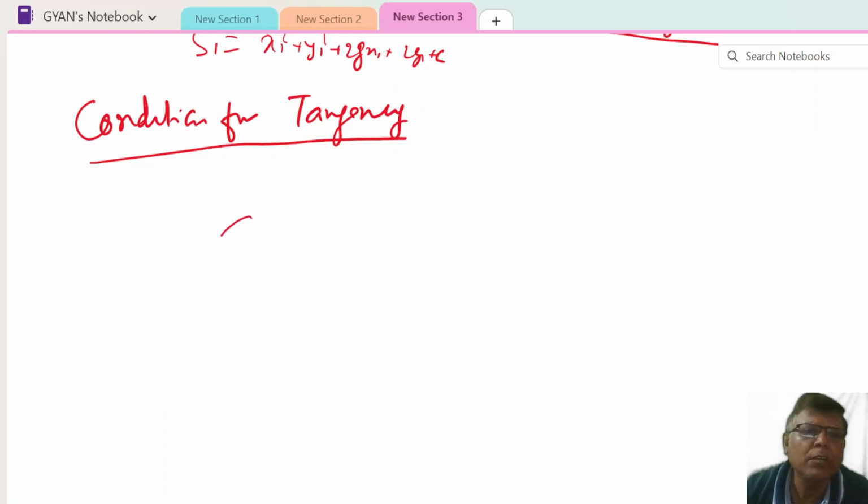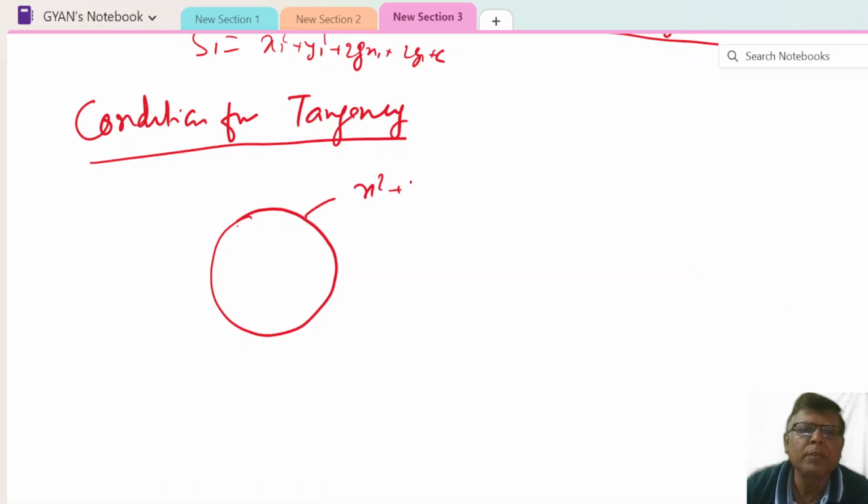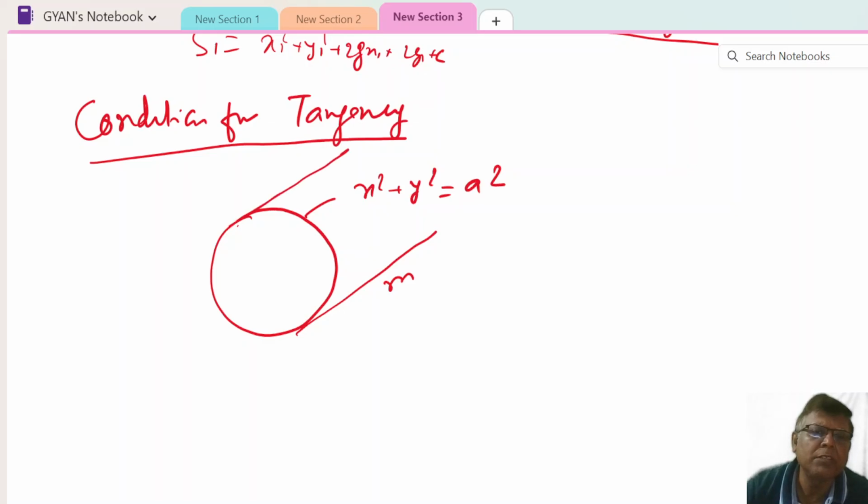Suppose this is the circle. So this circle is x square plus y square is equal to a square. Suppose one line is having slope m. So for the same slope there will be two tangents.